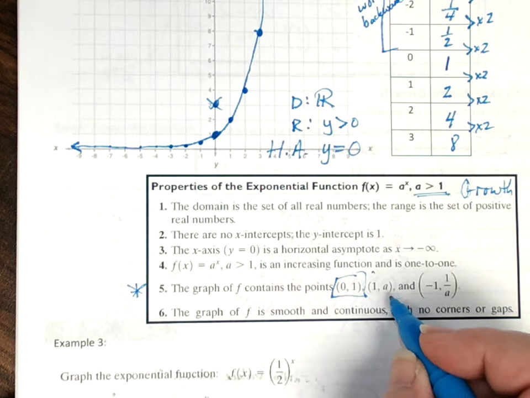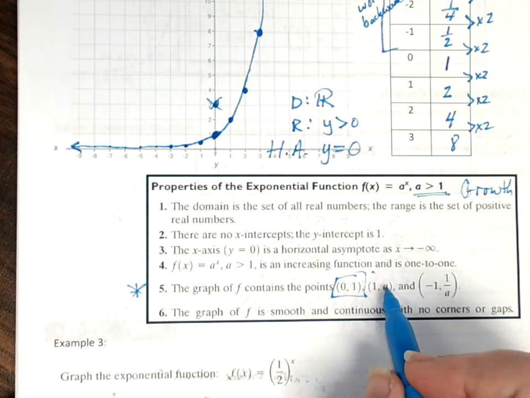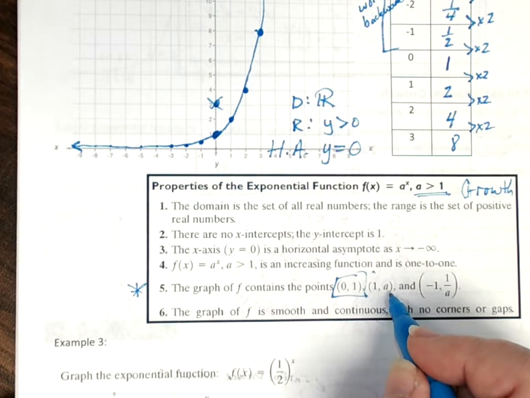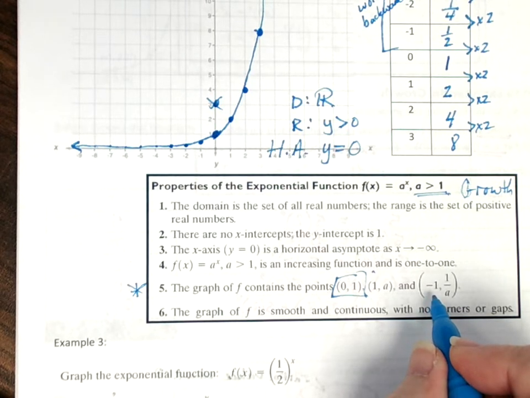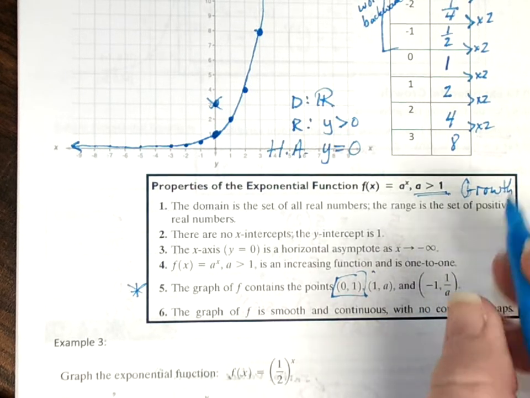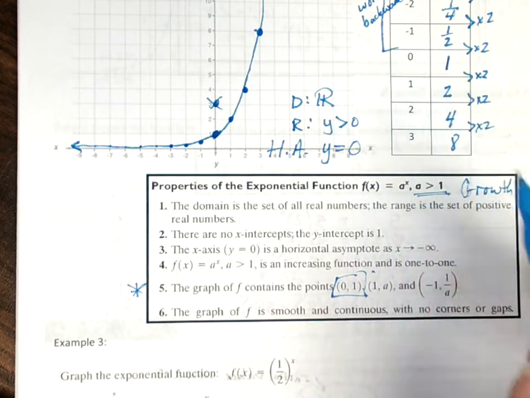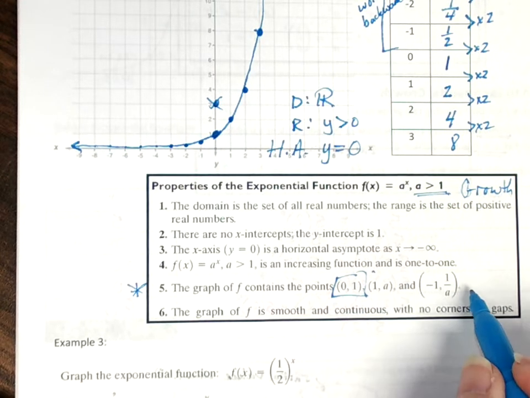And it will always cross through 1, whatever a growth factor is. So 1, 2 in this case. See how it crossed through the point 1, 2. And it will cross through negative 1, 1 over that growth factor. So negative 1, 1 over 2. Like I said, I wouldn't necessarily memorize this, but it is nice to know.